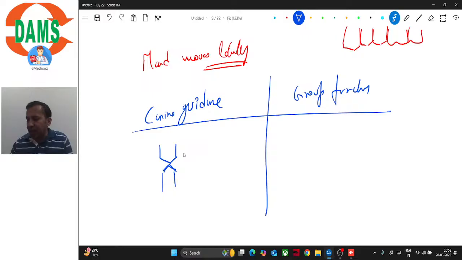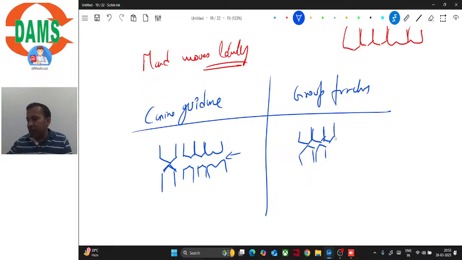Rest all the teeth, premolars, molars, are all out of occlusion, isn't it? Whereas in case of group function, all the teeth from canine to premolars to molars are all in contact, right?